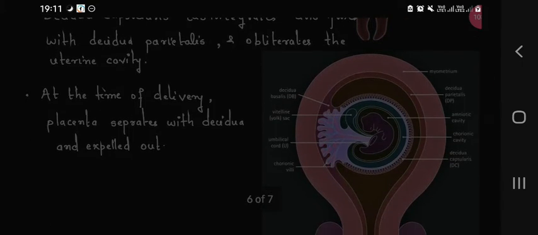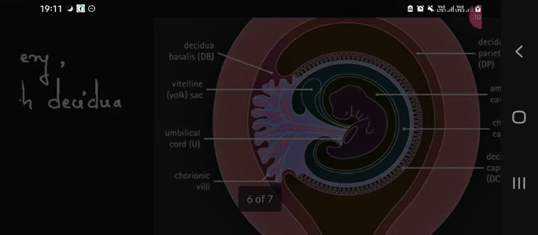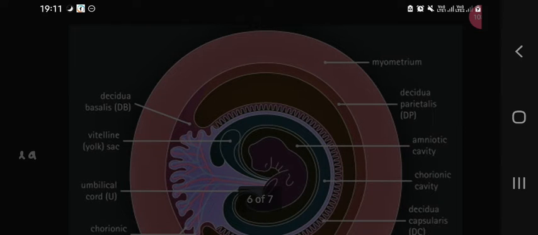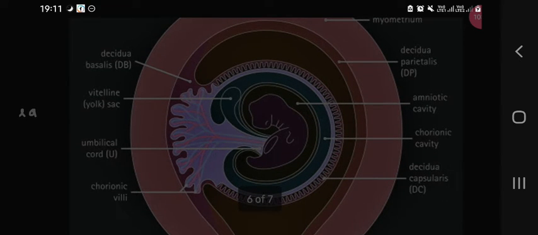At the time of delivery, placenta separates with decidua and is expelled out. Myometrium, decidua parietalis, decidua basalis, vitelline or yolk sac, umbilical cord, chorionic villi, decidua parietalis, amniotic cavity, chorionic cavity, decidua capsularis.